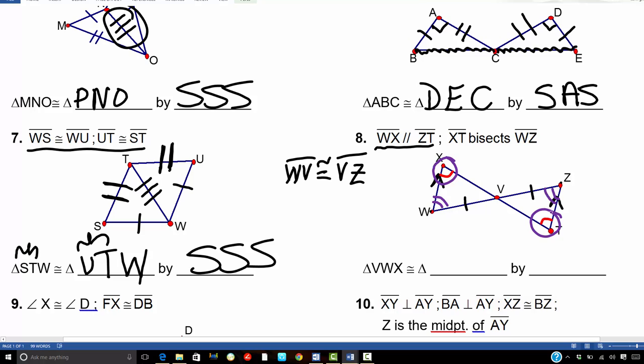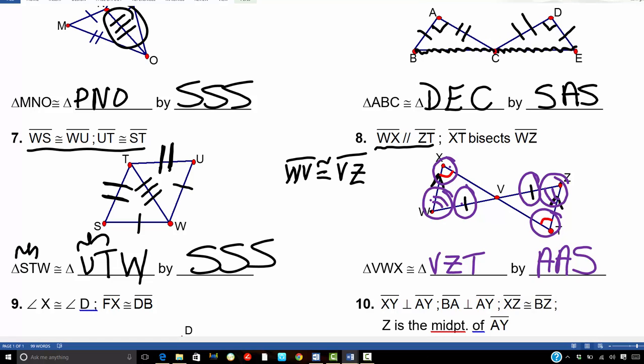We've got another angle, and then we have a side. So we have an angle, and then a side. It's not the included side between those two angles. So those triangles are congruent by angle, angle, side. And there's the congruent statement. Triangle VWX is congruent to triangle VZT.